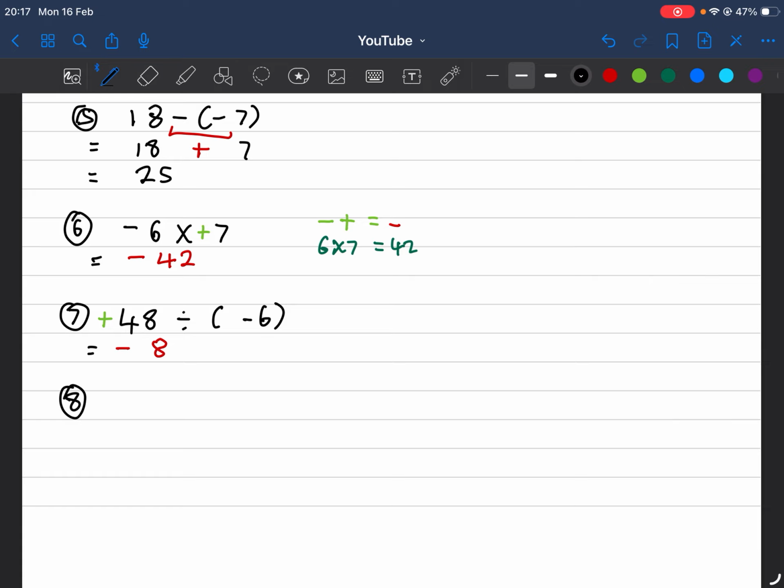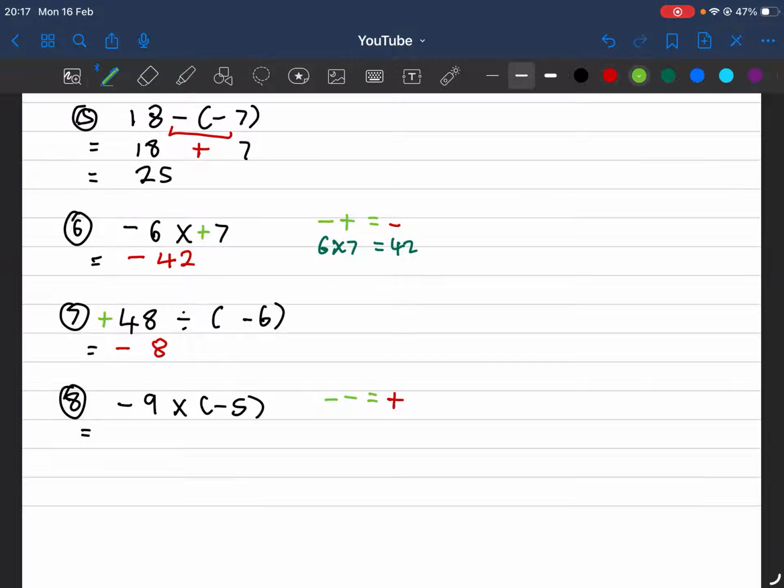Number 8. For number 8, let's try negative 9 times negative 5. Okay, so a negative and a negative is equal to a positive.